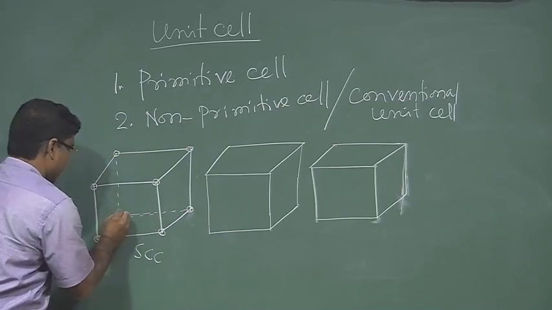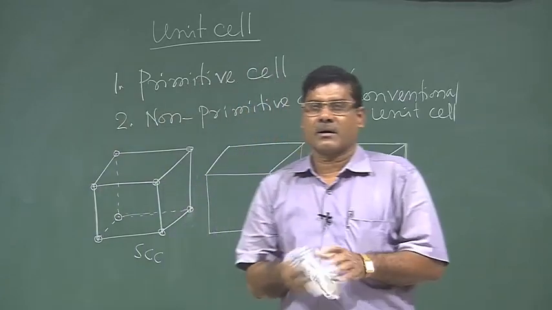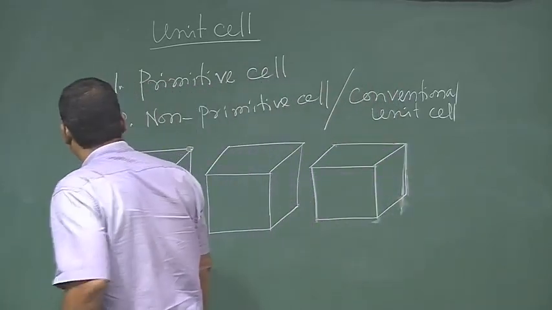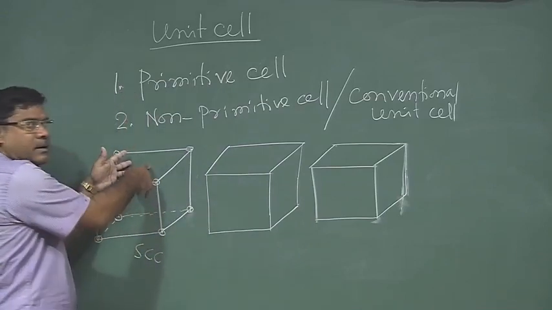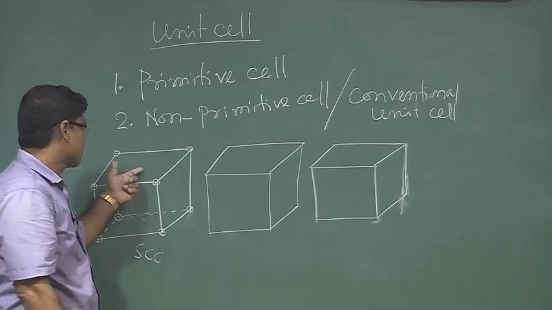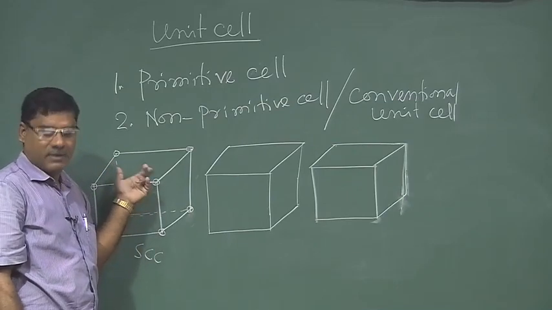I have shown you that the number of lattice points per unit cell is 1. So, how is that? Let me explain.